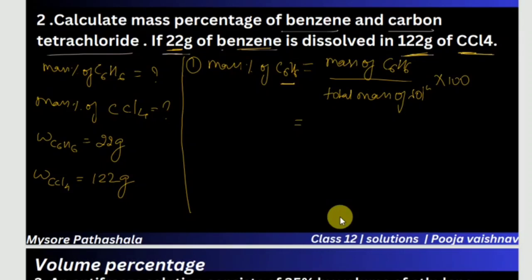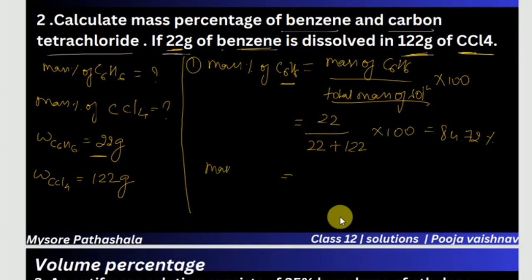The mass of C6H6 is 22, divided by the total mass of solution, so we add both. 22 plus 122, and the whole into 100. If we solve this, we get the value 84.72%.